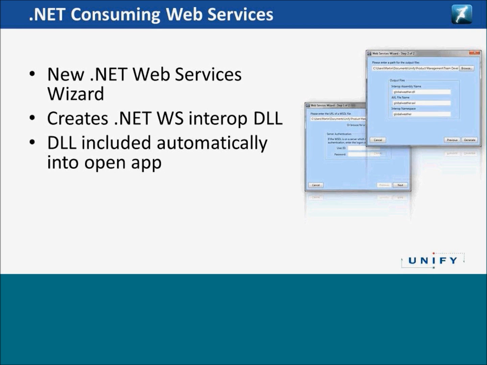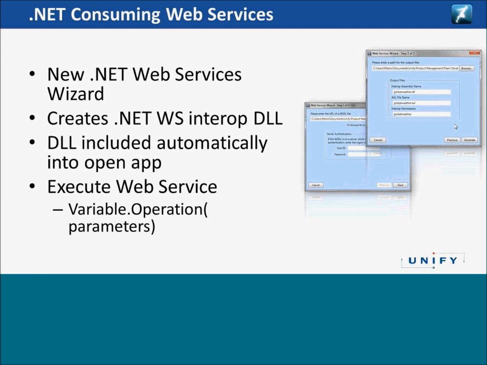What you provide is a path to the WSDL, and then it will generate an interop assembly, the .dll file, and an AXL file that tells Team Developer the details of the calls of the operations of that web service. And if you want to execute a web service, you basically define a variable and then do variable.operation and pass the parameters. That's all you need to do to call a web service with Team Developer.